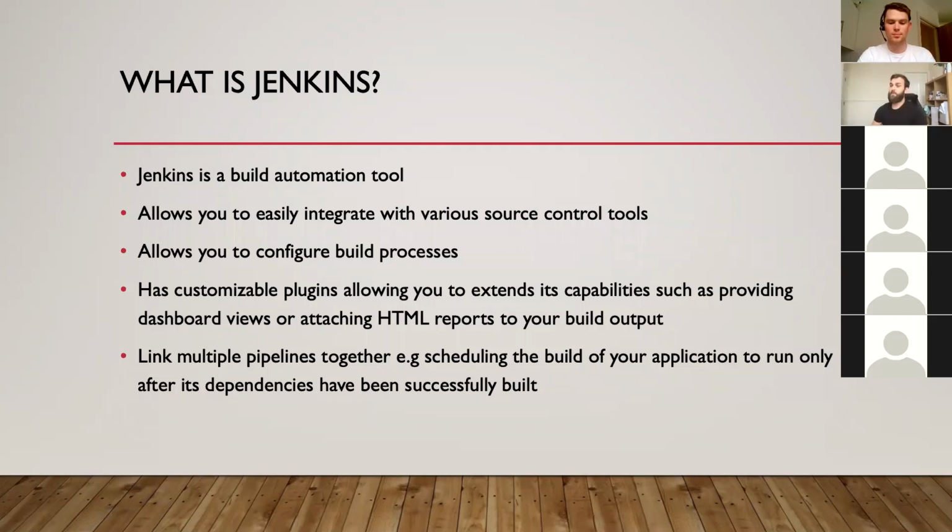It allows you to link multiple pipelines together as well, so you could schedule your builds based on the outcomes of other builds. Say you want to run your tests every time a new build of code has come out for the application.